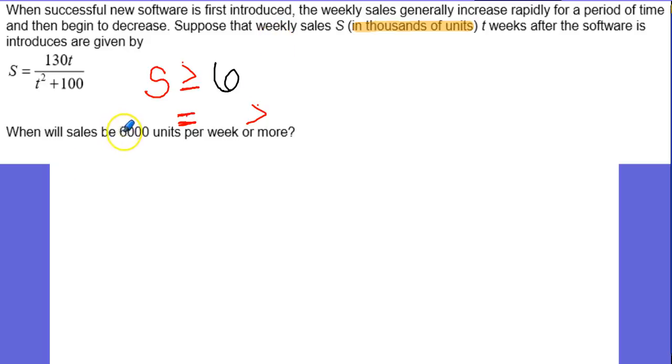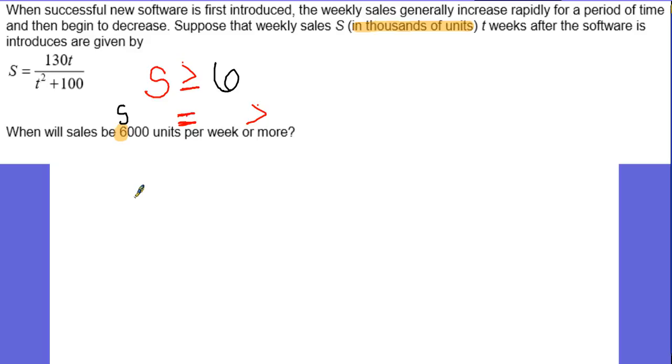So what I'm going to do is highlight that my S is 6. How many thousands? 6 of them. So you divide 6,000 by 1,000 and it'll tell you it wants 6. Okay, so we've determined that we want the sales to be greater than or equal to 6,000.